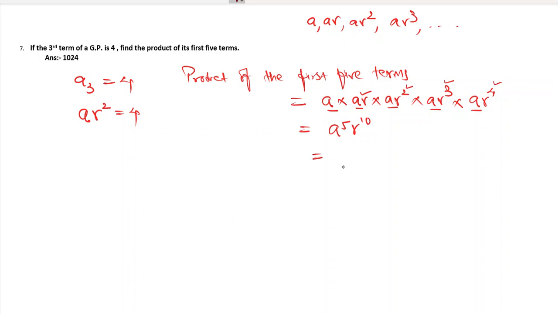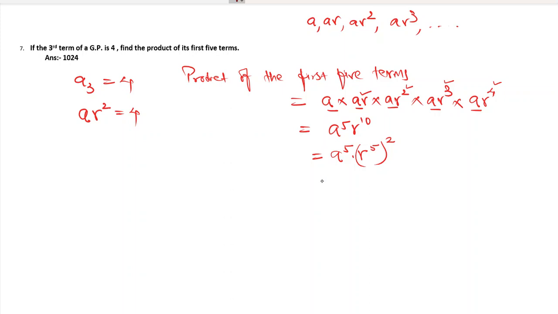Okay, can I write it as, this is very important, please see. Can I write it as A raised to 5 into R raised to 5 raised to 2? Yes, we can write it like that. Or maybe we can simplify it.